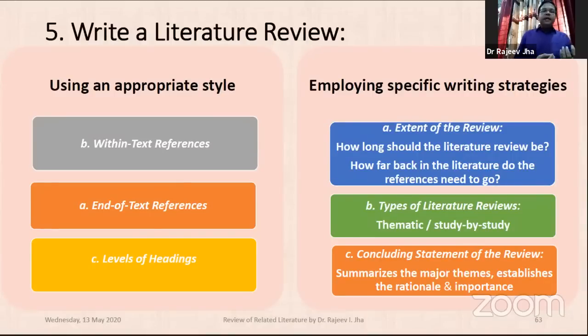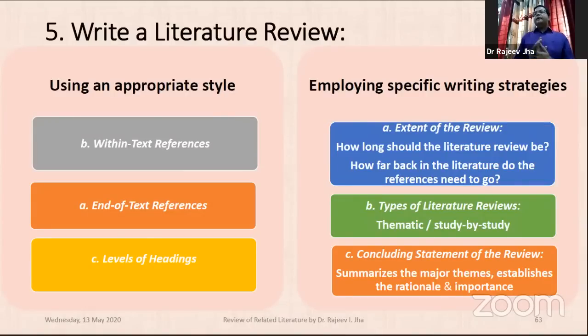Adhering to them will guide you in writing your literature review to serve its purpose. It shouldn't be just the volume. Volume is never the purpose of writing a literature review. The purpose is to justify the research gap and to tell the readers why your research study is significant.